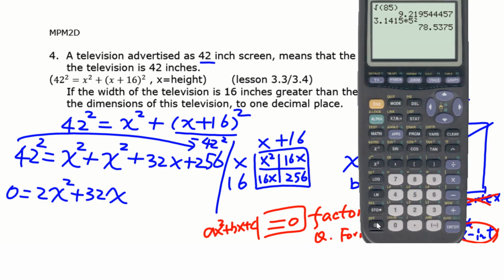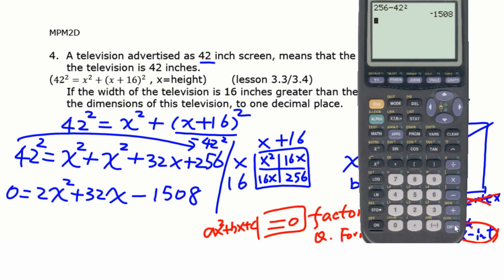So I will do the calculation for this one. 256 minus 42 squared equals negative 1408.